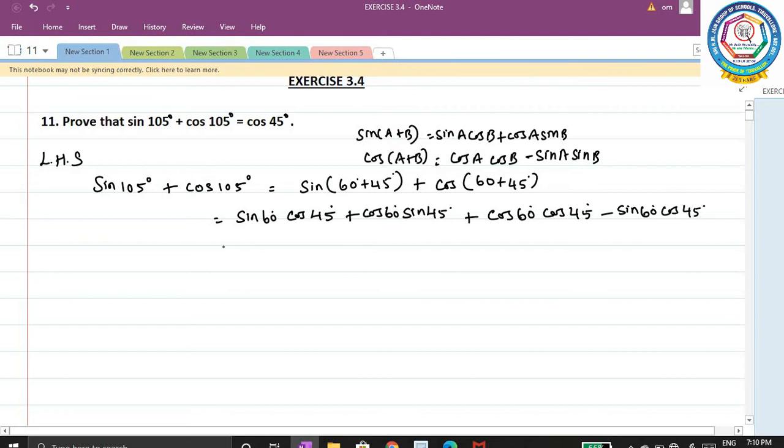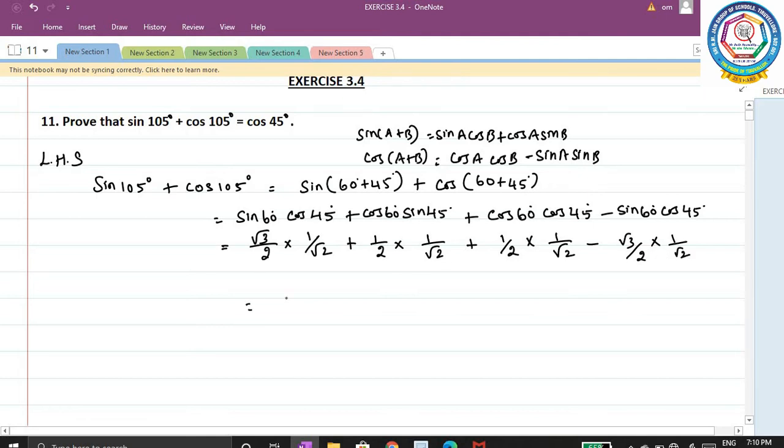We know the values of sin 60, cos 45, everything. Sin 60 is root 3 by 2, cos 45 is 1 by root 2, plus cos 60 is 1 by 2, sin 45 is 1 by root 2, plus cos 60 is 1 by 2, cos 45 is 1 by root 2, minus sin 60 is root 3 by 2, sin 45 is 1 by root 2.